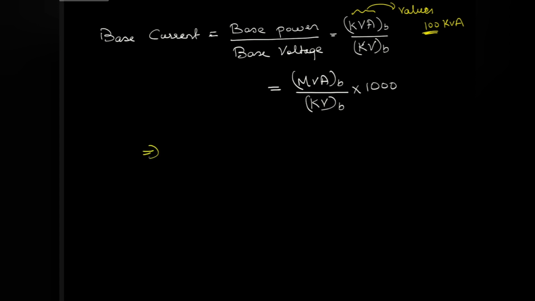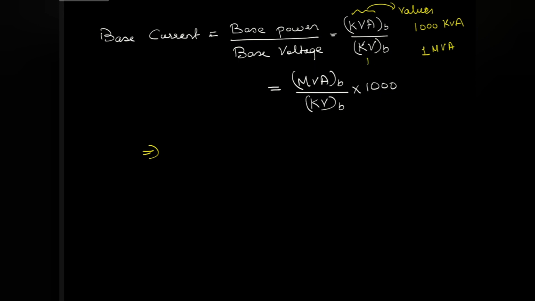So suppose it is given as 1000 kVA, and if we convert this kVA into MVA, it will be 1 MVA, right?